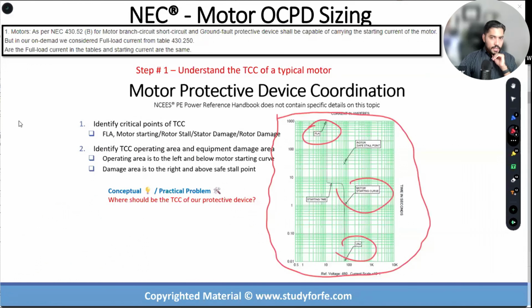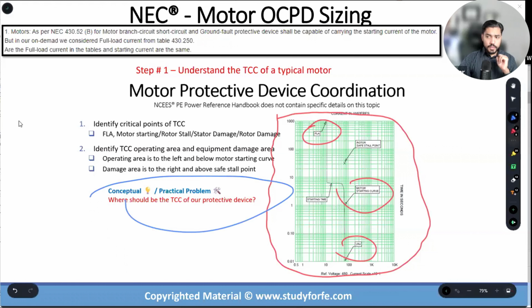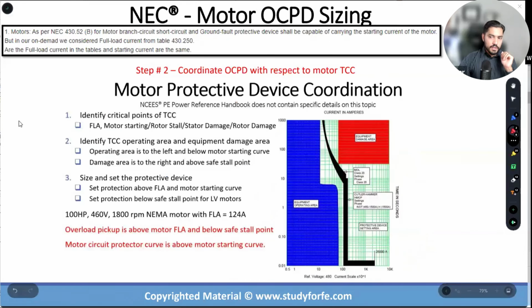Now, when we select our overcurrent protective device, and this is a question that I ask my students when we get there in section number 4, where should the TCC of our OCPD be? This is the answer. Our OCPD should be to the right of the motor starting curve.